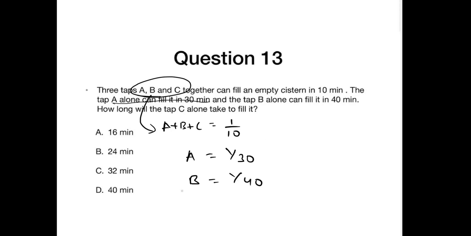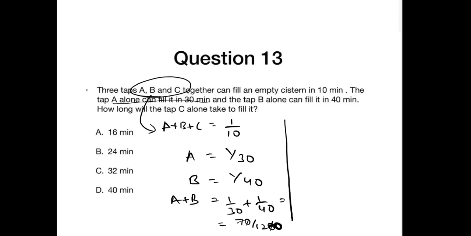So add these two: for A plus B, 1 by 30 plus 1 by 40. It's going to be 30 plus 40 is 70 by 1200, and the zeros get cancelled, so 7 by 120.